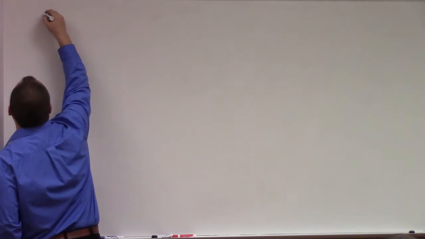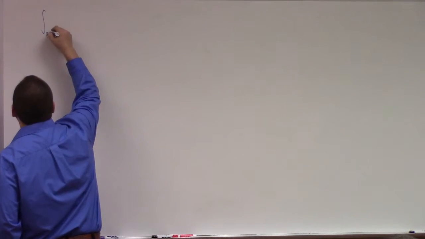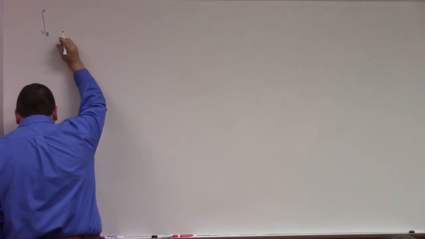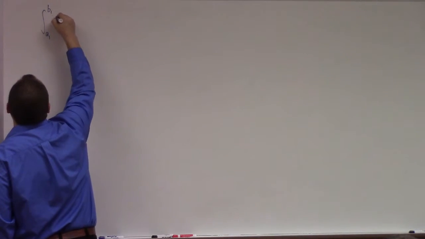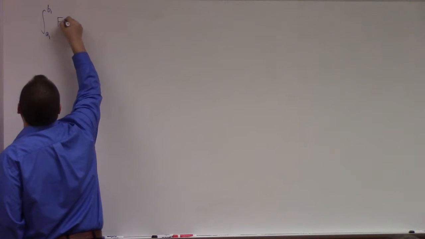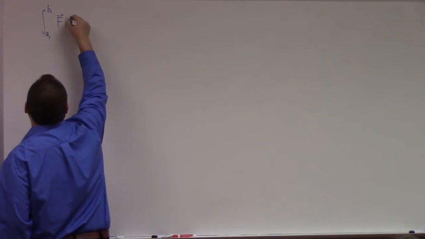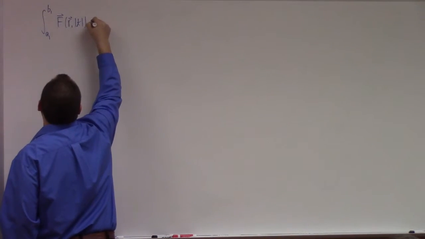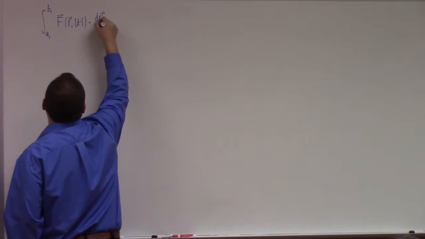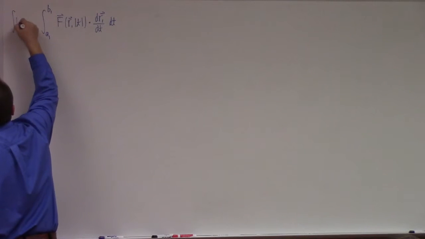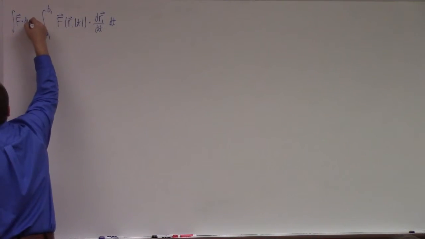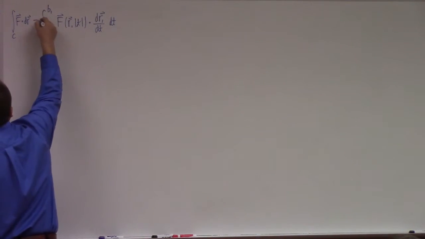Okay, so suppose the integral from A1 to B1 of f of r1 of t dot dr1 dt. So this would be the work set up along one parameterization of the curve, okay?